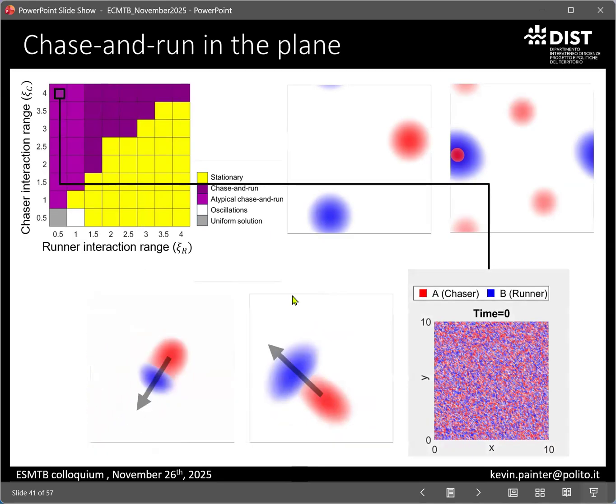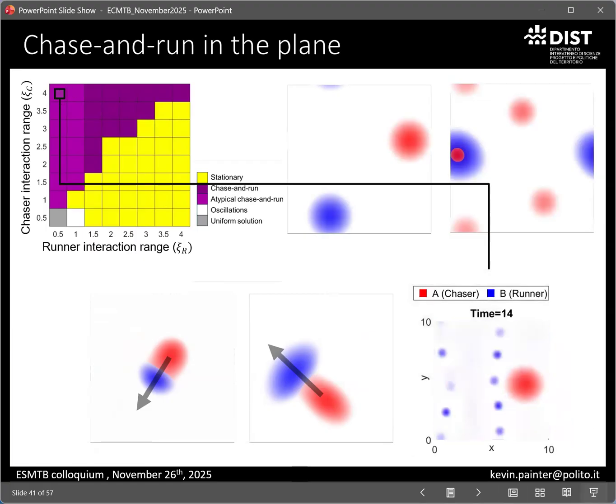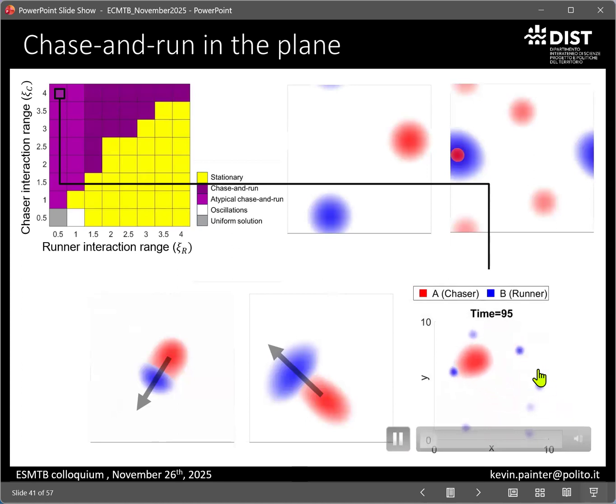Because if you further explore this, and in particular take an example where the runners have a very small interaction range, you do see a chase and run process, but in quite a different fashion, where the runners form lots and lots of individual groups. They're not able to stably stay together as one coherent group.